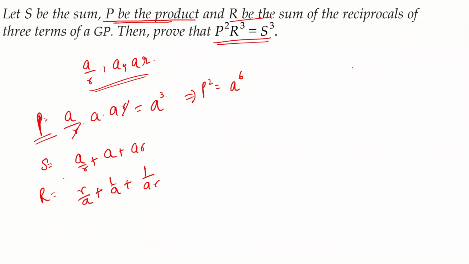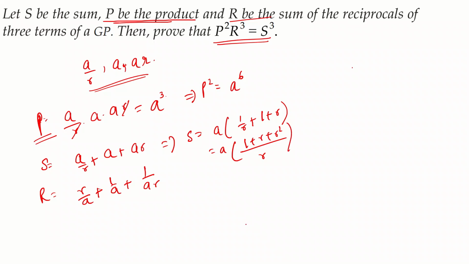Now S cubed: we can take A common in S, so we get S is equal to A into 1 by R plus 1 plus R, and now I can take R as LCM, so I get A by R into 1 plus R plus R squared. Okay, now what is S cubed? So S cubed is equal to A cubed by R cubed into 1 plus R plus R squared the whole cubed. So this is S cubed.